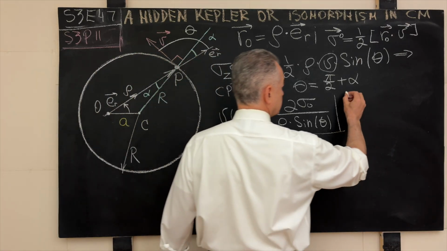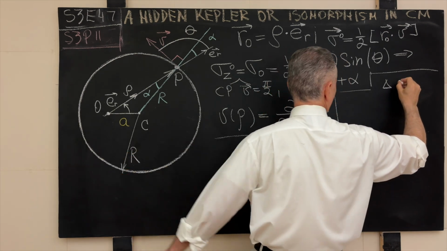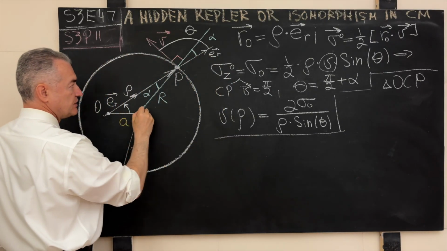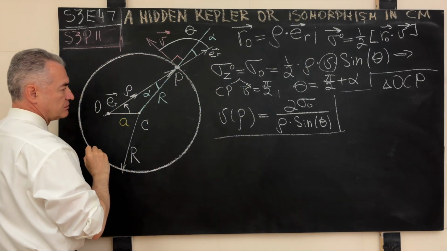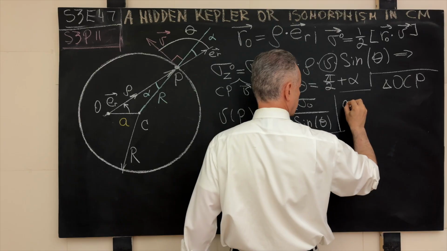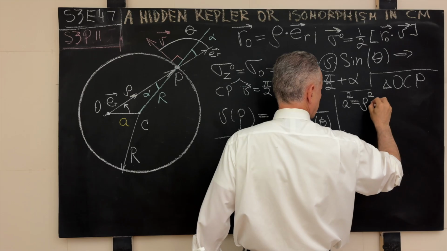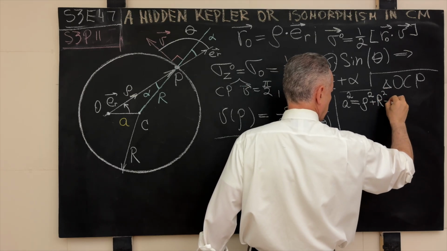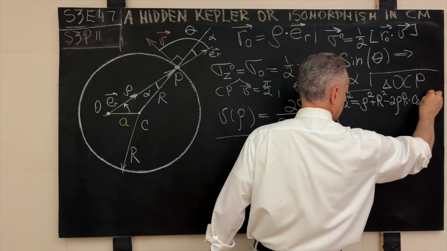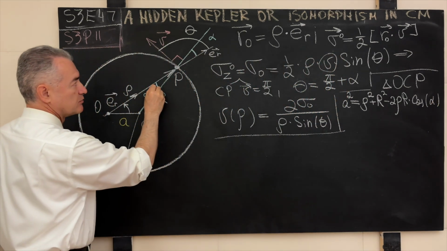From the triangle OCP, we can use the law of cosines, according to which we have A squared equal to rho squared plus r squared minus 2 rho r times the cosine of the angle alpha. This is the angle between them.